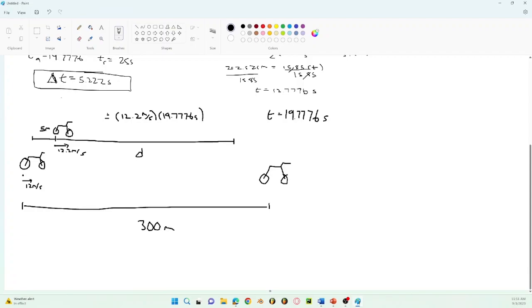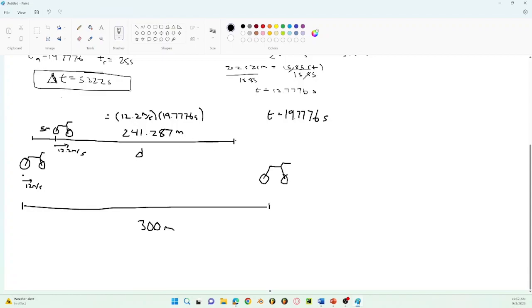Let's find out what distance they covered. 241.287 meters. Well, I rounded, but that's about it.